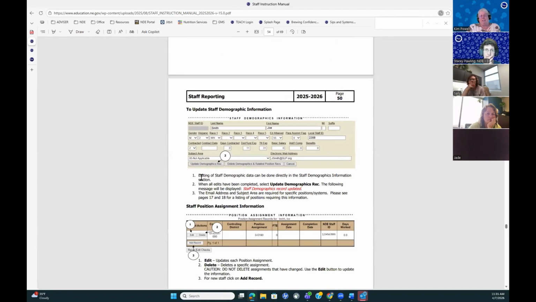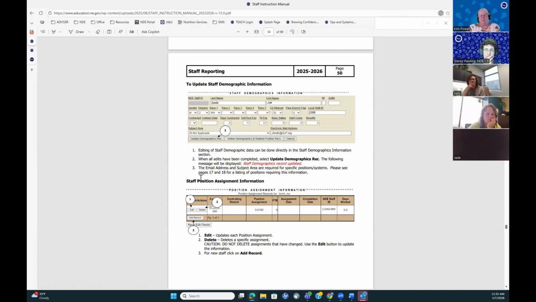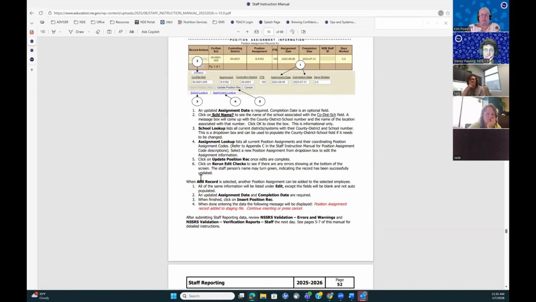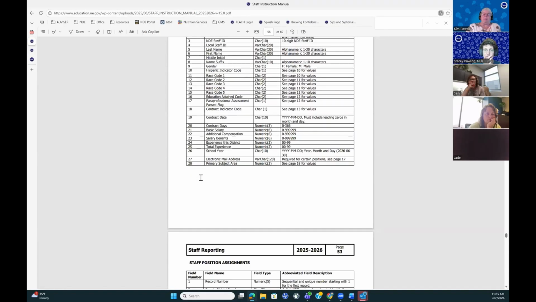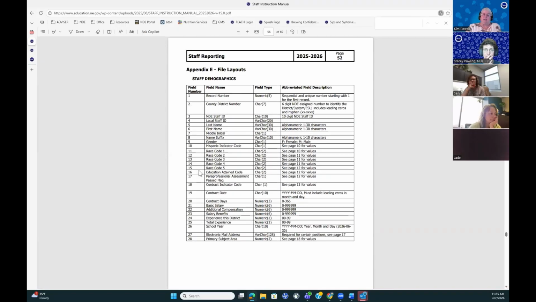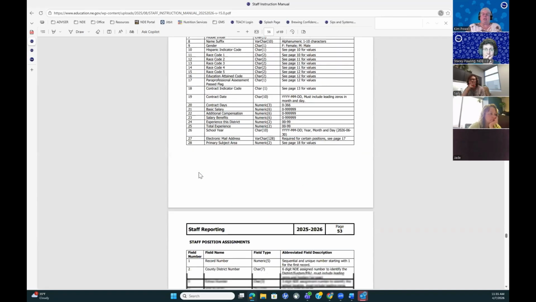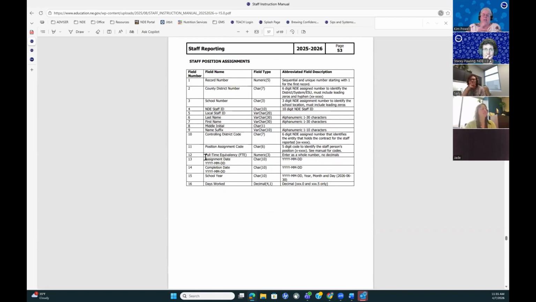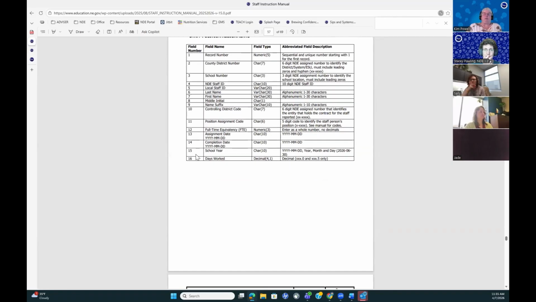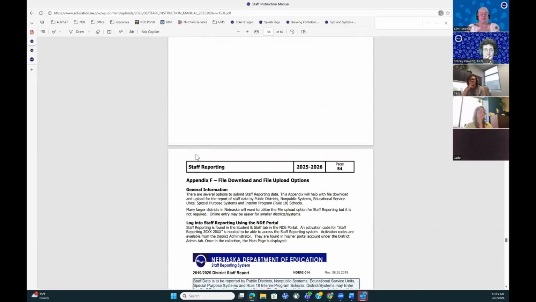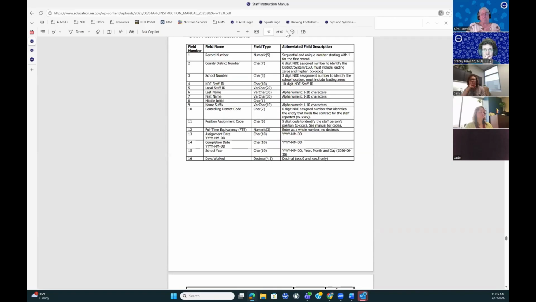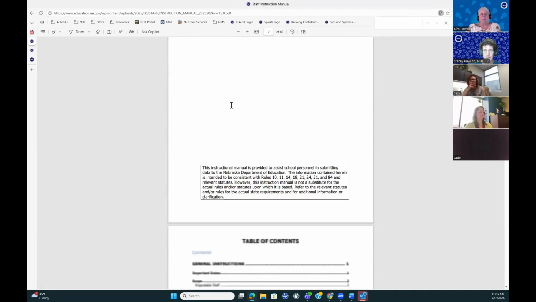One of the things I would think about, and this is just me off the top of my head, this is not a regulation, but another thing to always keep in the back of your mind is that anybody you are putting in your staff reports, their education or their experience goes out to the education directory. And also, if they apply for a teaching certificate or a substitute certificate, that system looks back to see if they had any experience reported in staff reporting.